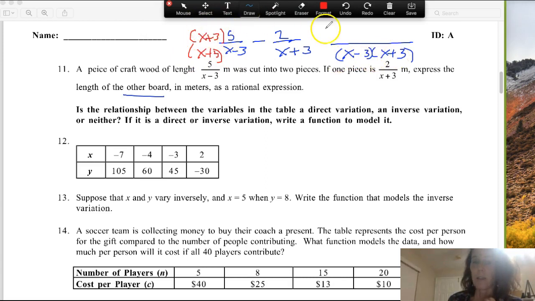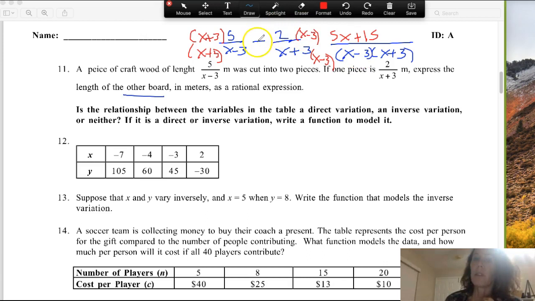So I'm going to go 5 times x, which is 5x, then 5 times 3, which will be 15. Now for this one, I have to multiply top and bottom by x minus 3. Now I can write another fraction here, but they're going to have the same denominator, so I'm just going to write them all over one denominator. When I multiply this, I get this denominator, and then I'm going to distribute.